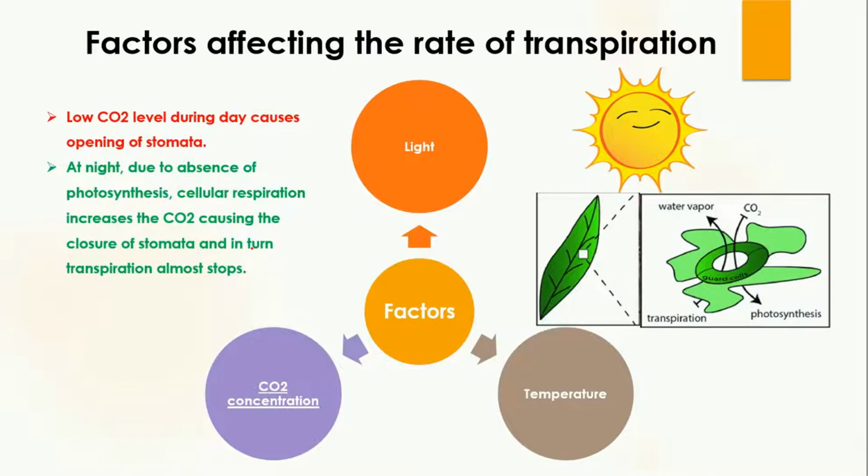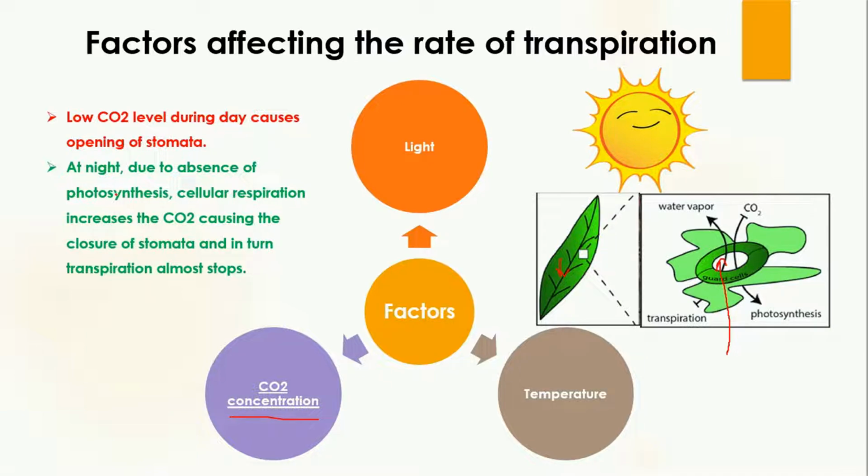The third factor is carbon dioxide concentration. Carbon dioxide is actually involved in the process of photosynthesis. During the daytime, when the photosynthesis process is going on, the leaf will have less carbon dioxide. The stomata will open and the carbon dioxide will enter the cell so that photosynthesis can keep on going.